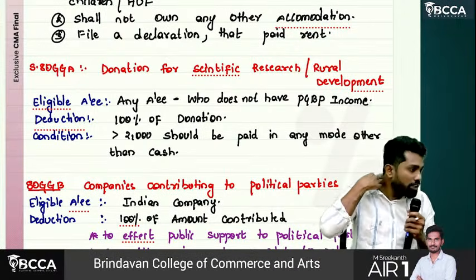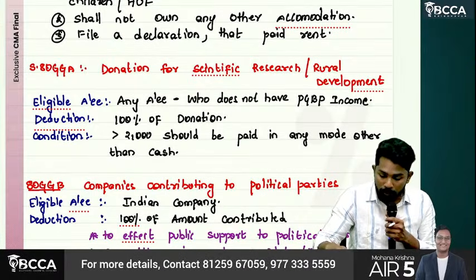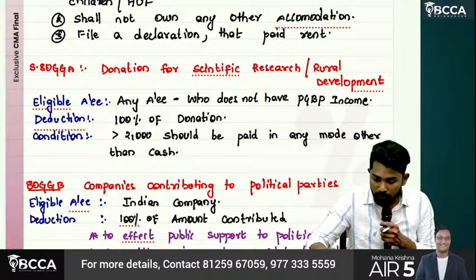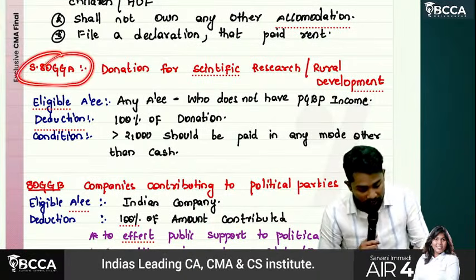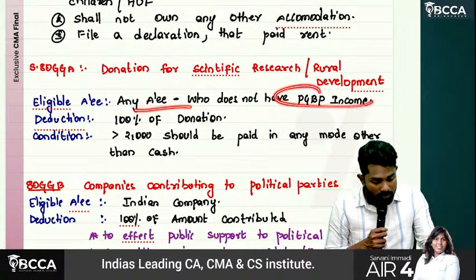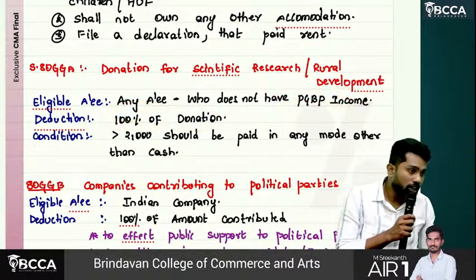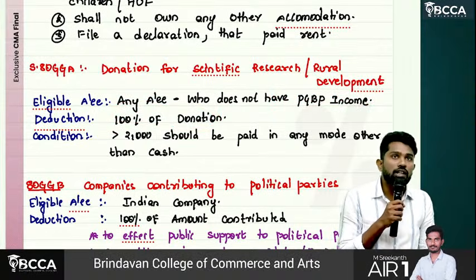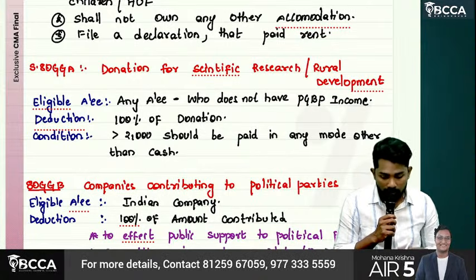So everybody has to contribute for scientific research. If they contribute, there should be appreciation. How will the appreciation be provided? By way of 80GGA. Any SSE who does not have PGBP income can claim deduction of how much? 100%. However, if greater than 2000, you should make the payment through other than cash.